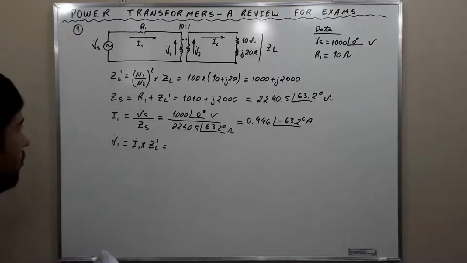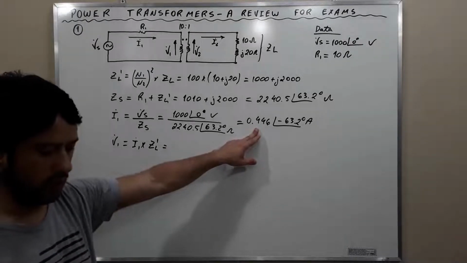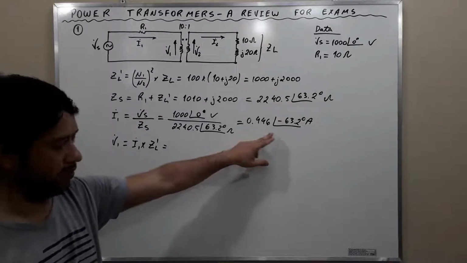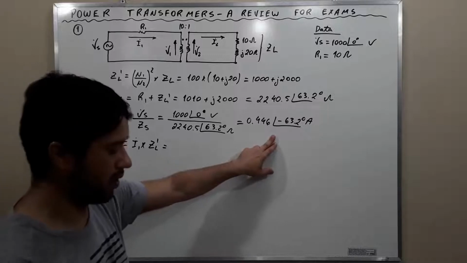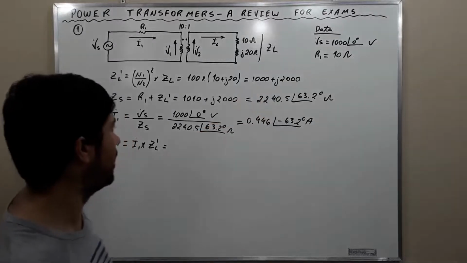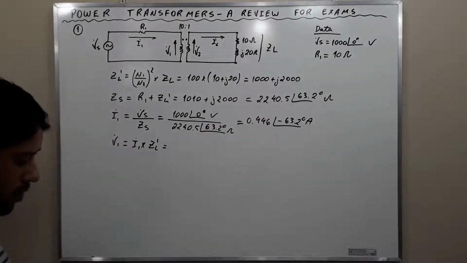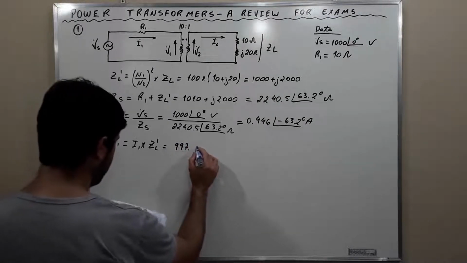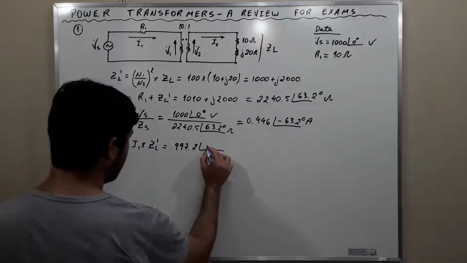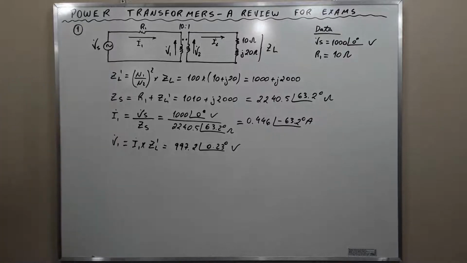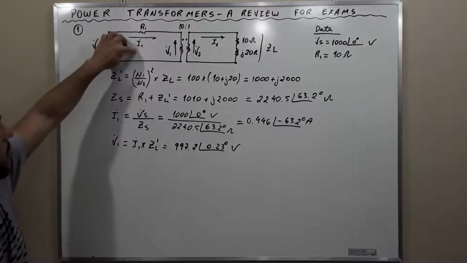And this is equal to 0.446 phase negative 63.2 degrees amperes times this 1000 plus J2000. And when we multiply one by the other, we get 997.2 phase 0.23 degrees volts. Alright, we already have I1 and V1.